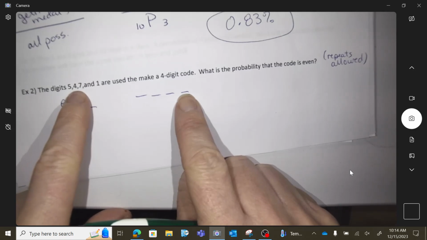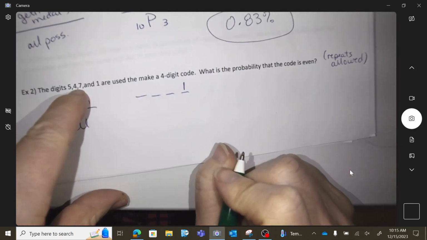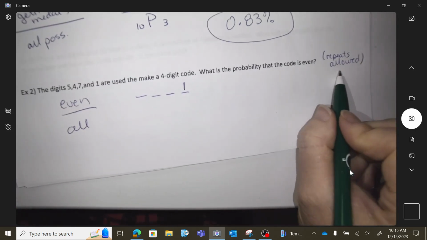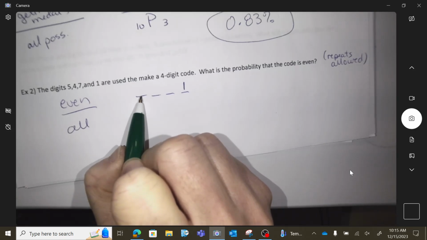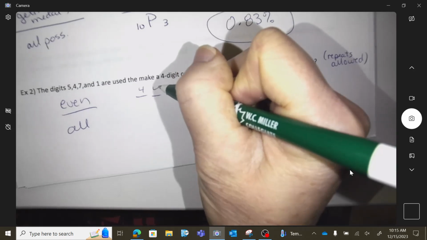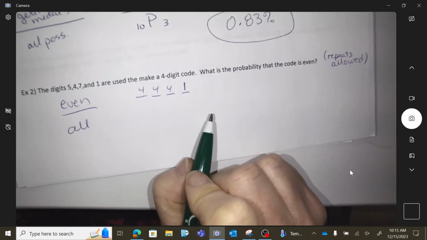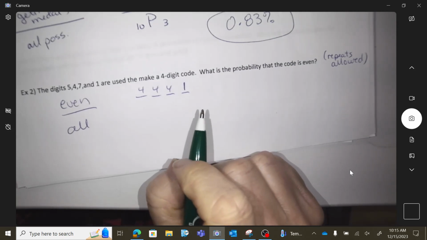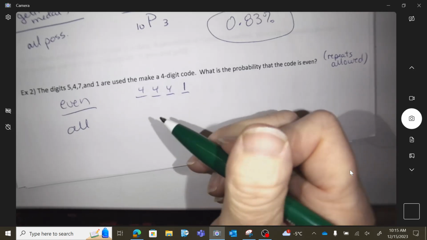I only could put a 4 there, so I only have one option there. Okay, repeats are allowed. How many options do I have here? 4, 4, 4. I can use anything I want. That make sense? You can use that 4 again if you want.